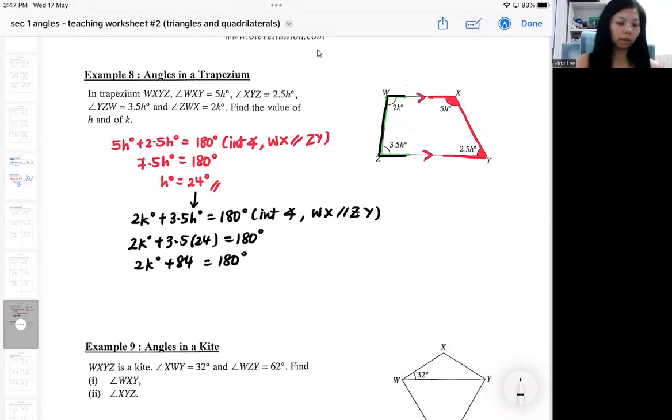Let me just double check, 24 times 3.5. Then subtract 84 on both sides and divide by 2 on both sides. So I'm using the interior angles that come from the only pair of parallel lines in the trapezium.